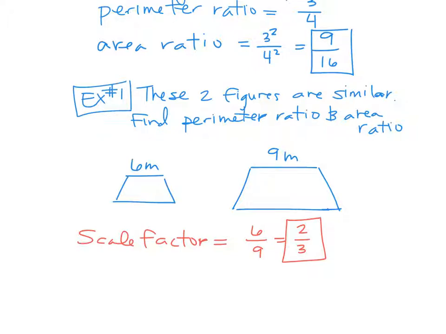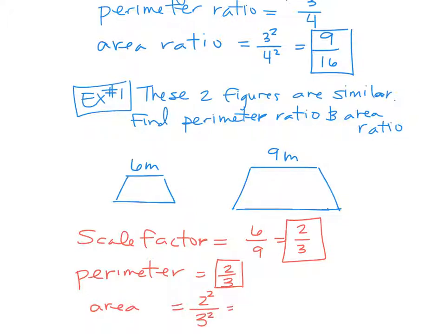I want to know the perimeter ratio, which is 2/3. And I want to know the area ratio, which would be what? Not 4/6. You're squaring both of them, right? So 2 squared over 3 squared is 4/9. So your perimeter ratio is 2/3, your area ratio is 4/9. Does that make sense? Okay.